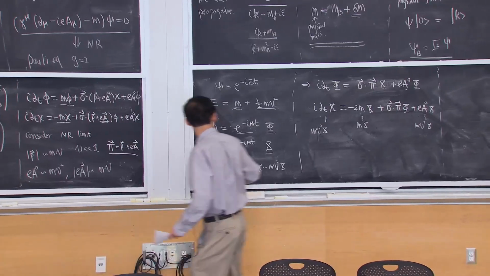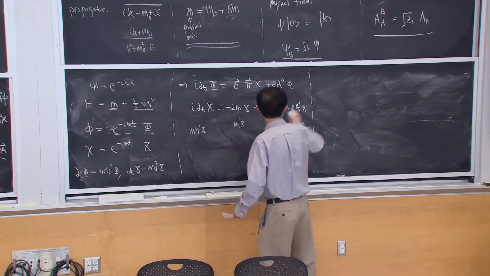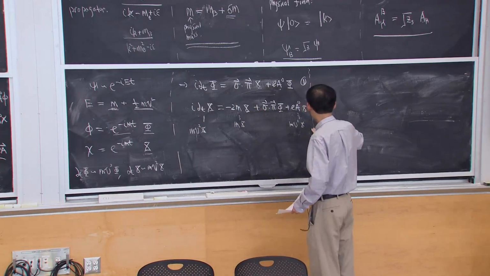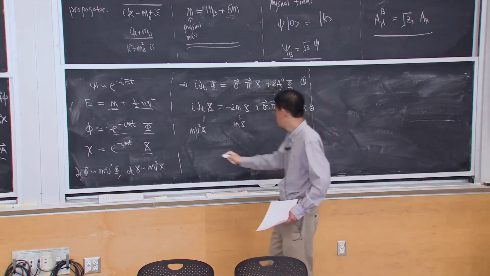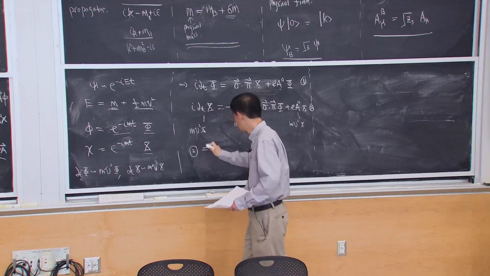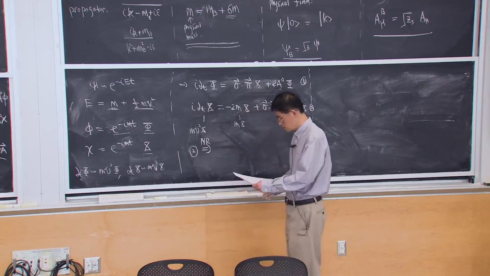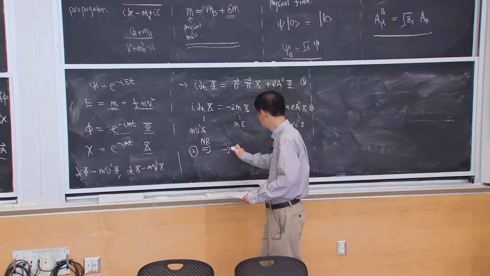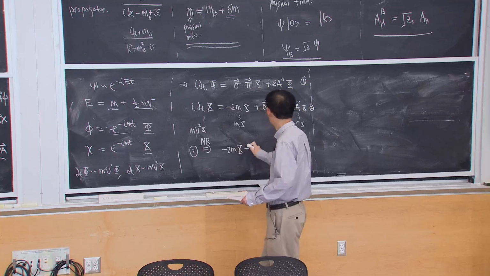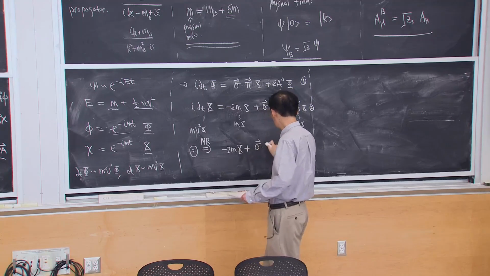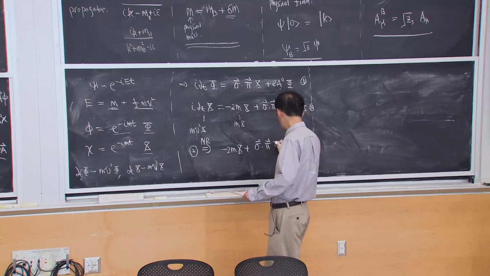If I call this equation 1 and this equation 2, then from 2, in the non-relativistic limit, we just get 2mx plus sigma dot pi acting on phi equal to 0.